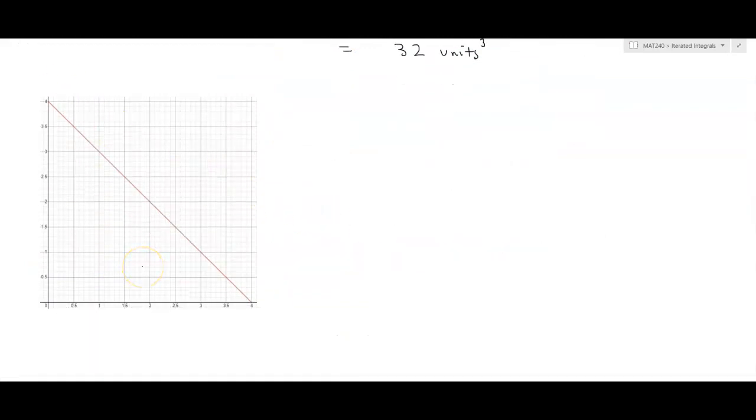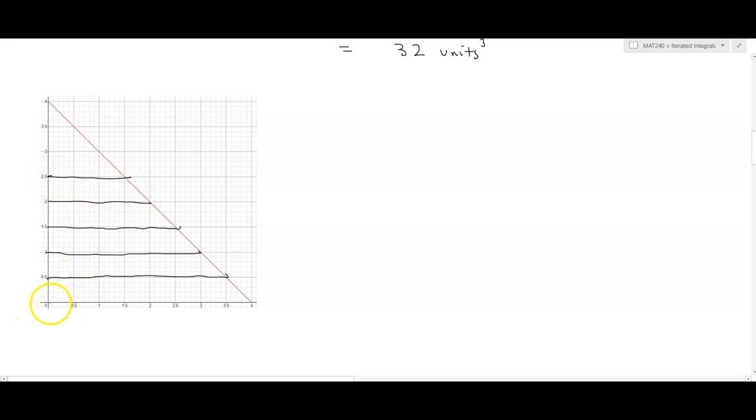is by breaking this up into dy strips first, so breaking this up into individual rows like this. Visually, this is what we should think of when we're integrating on the outside with dy.